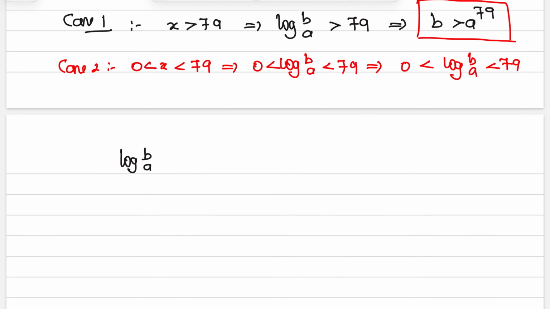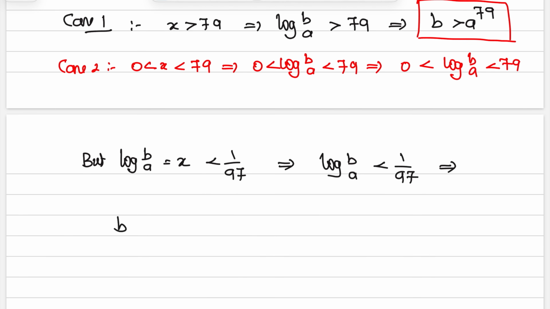But log b to the base a, that is equal to x, is less than 1 by 97. That means log b to the base a less than 1 by 97 implies b should be less than a to the power of 1 by 97. That means b to the power of 97 should be less than a.